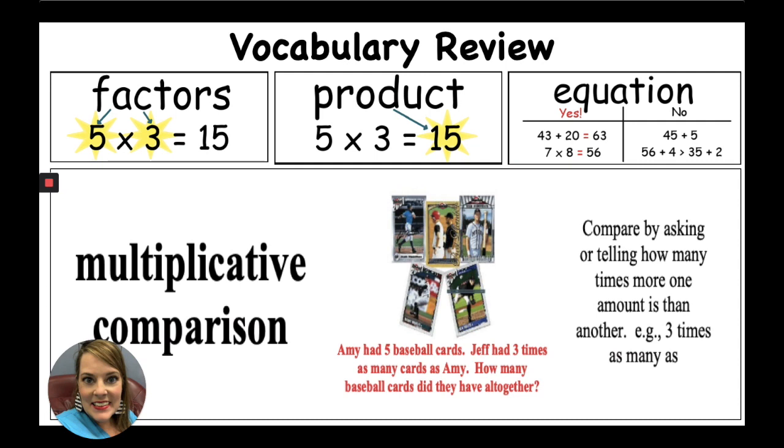And then our last word that you need to know for this week is multiplicative comparison. It's basically a statement that shows how two factors and their product can be read as a comparison. The general idea of a multiplication comparison is that the product is the result of increasing the starting number by a given factor.